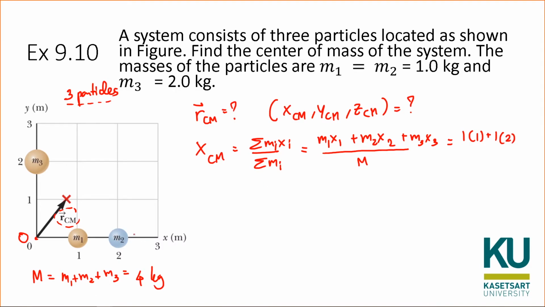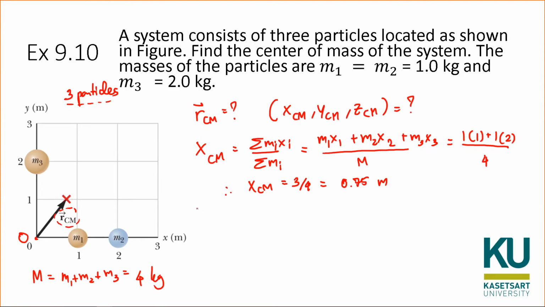And how about M3? M3 is over here. There's no position in the X direction, so X3 is 0 in this case. But you have to divide by the total mass of the system, so divide by 4. By this, you can find XCM. XCM equals 3/4 or 0.75 meter.